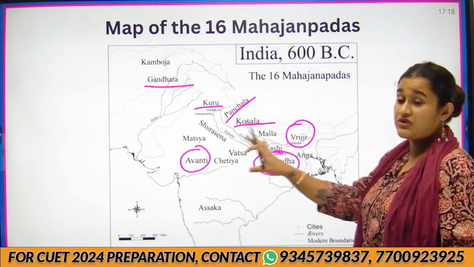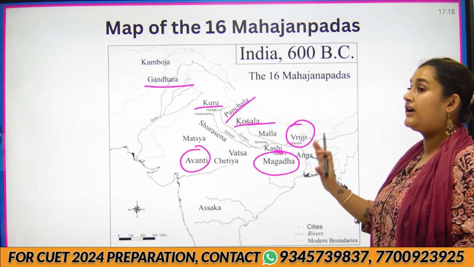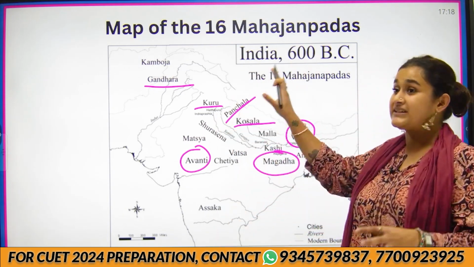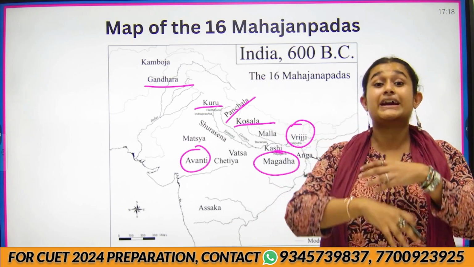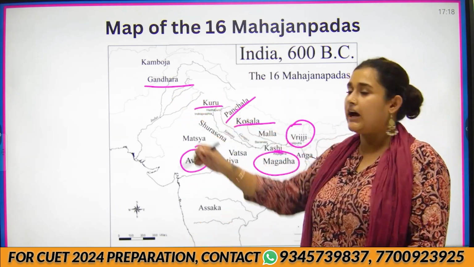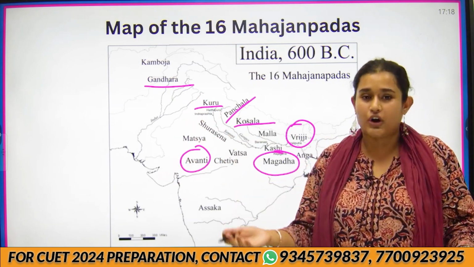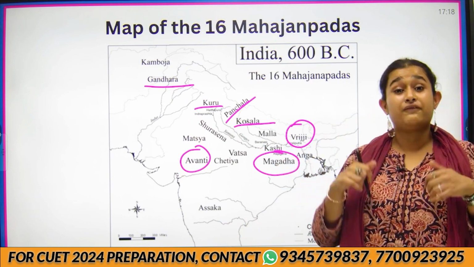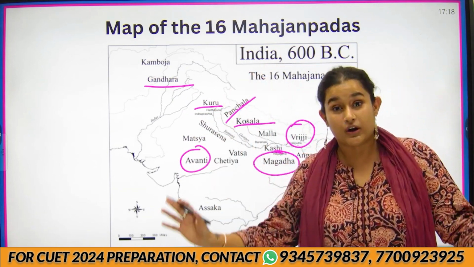You can see how spread out these were. So you can't really call this just India. That is why when we refer to these kingdoms, we call it the Indian subcontinent, not India, okay? Because Gandhar is currently in Afghanistan, it's not in India anymore. So when you refer to the Mahajanpads, you refer to them as a part of the Indian subcontinent, all right?